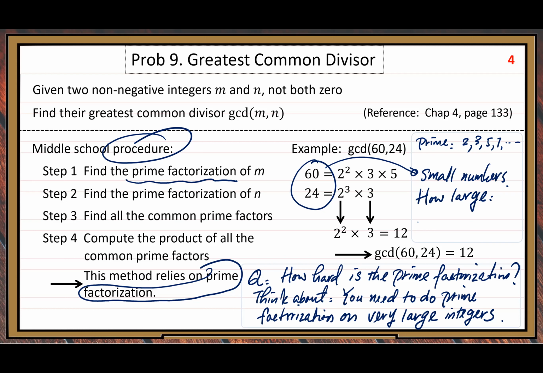Let me give you a simple example. How large? 1,000 digits, as an example. One integer, it has 1,000 digits. Think about how large it is.